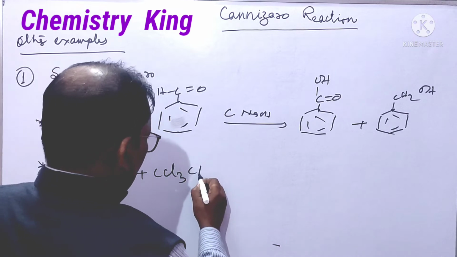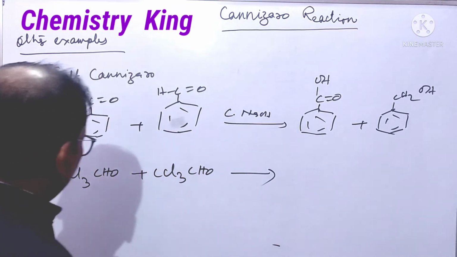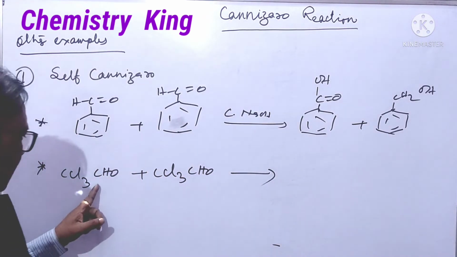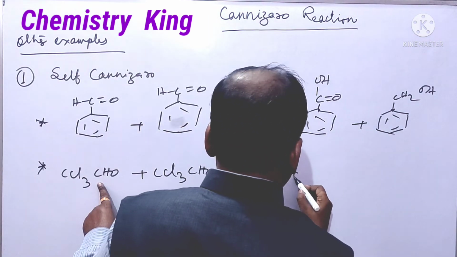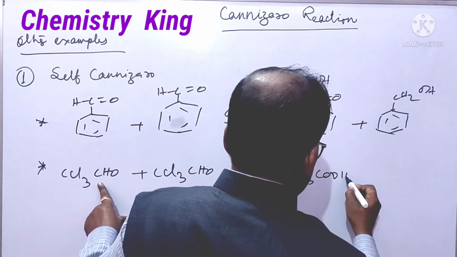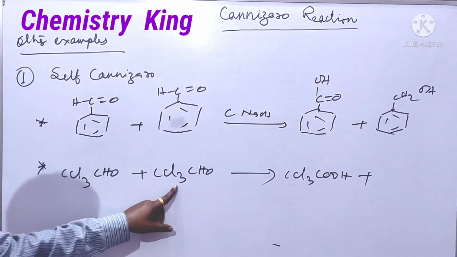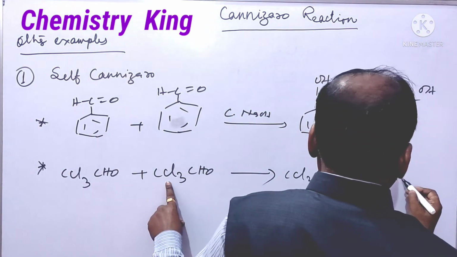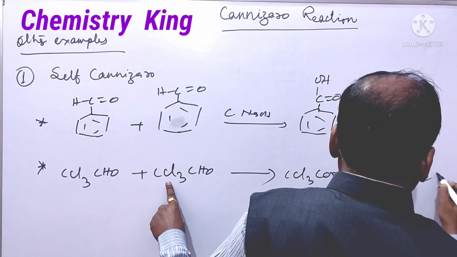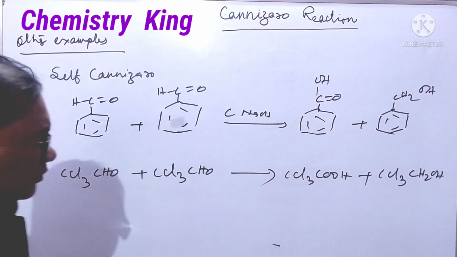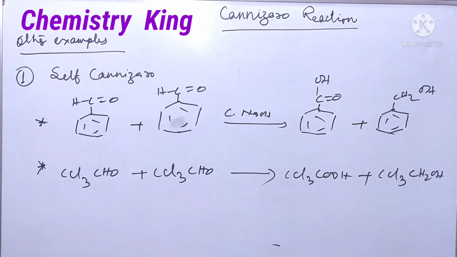So two molecules of trichloroacetaldehyde, one molecule will be CCl3COOH and another molecule is reduced to CCl3CH2OH. These are two examples of self Cannizaro.